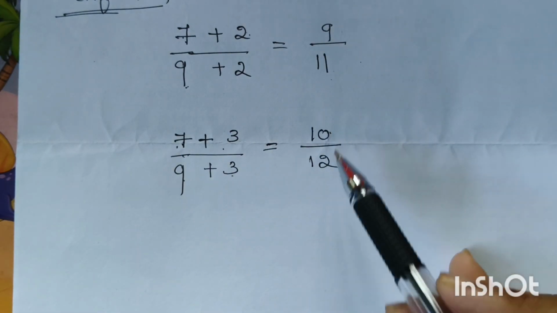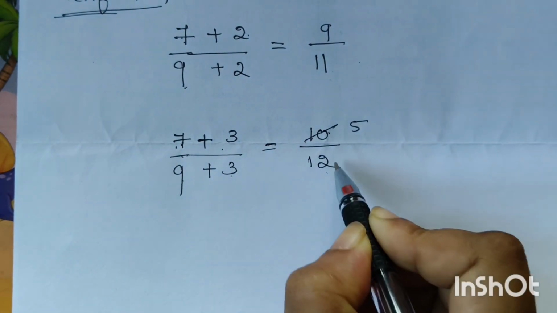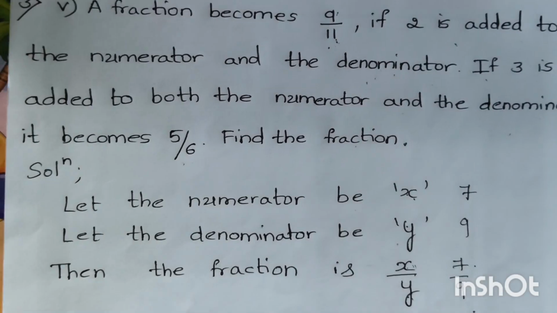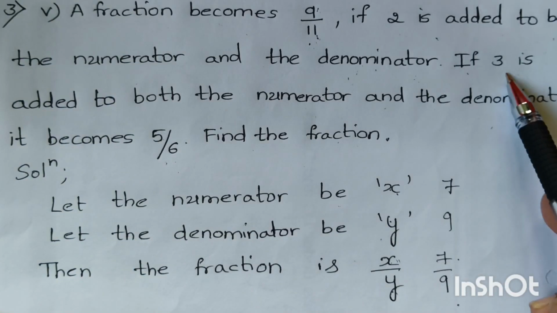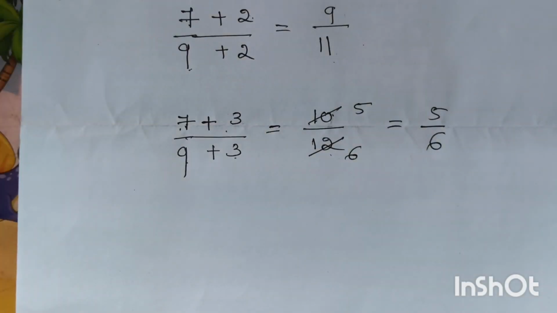Now let us simplify this 10 by 12. 2 fives are 10, 2 sixes are 12. That is 5 by 6. Yes, the fraction will become 5 by 6 if we add 3 to the numerator and 3 to the denominator, right? We have verified the question.